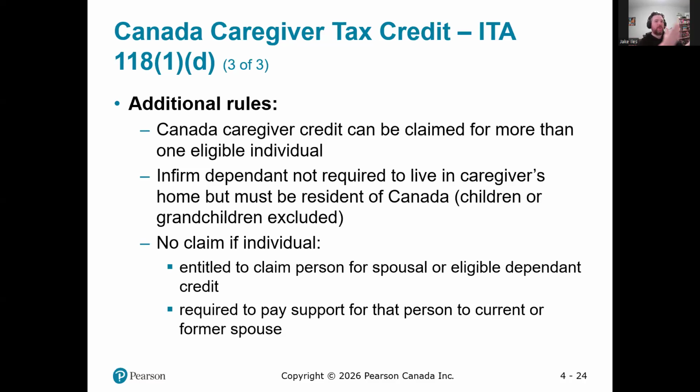So I can't have both the spousal and the caregiver for my spouse. But if I'm caring for my spouse and my child, then I can get the spousal transfer, which will include a caregiver portion, and I can get the caregiver credit for the child who I am not claiming the eligible dependent for. There's no claim if required to pay support for that person to a current or former spouse.